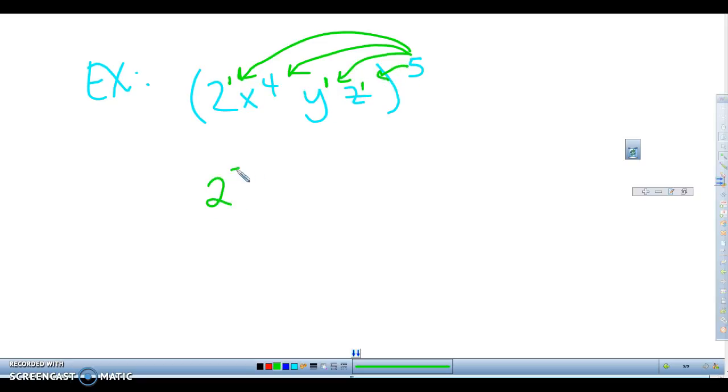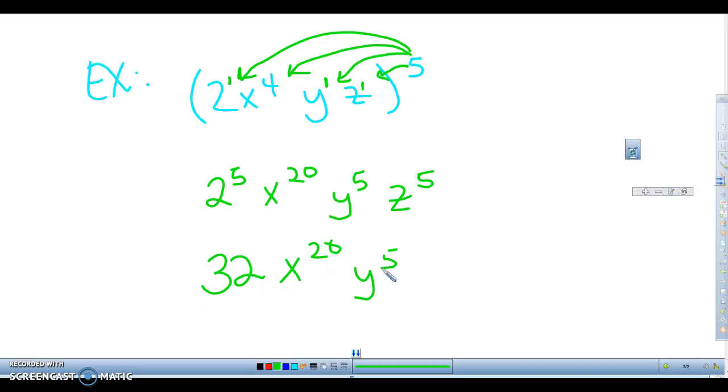So I should get 2 to the 5th, x to the 20th, y to the 5th, z to the 5th, which simplifies to 32, x to the 20th, y to the 5th, z to the 5th. Final answer.